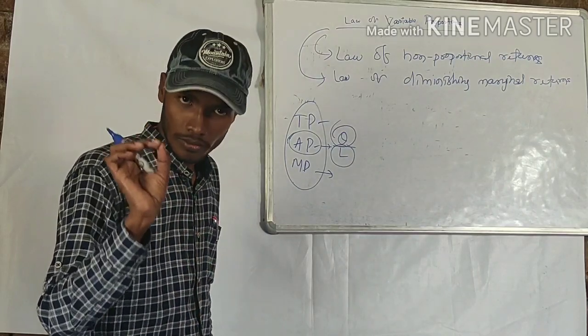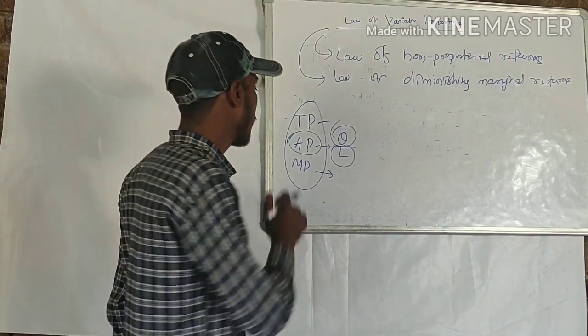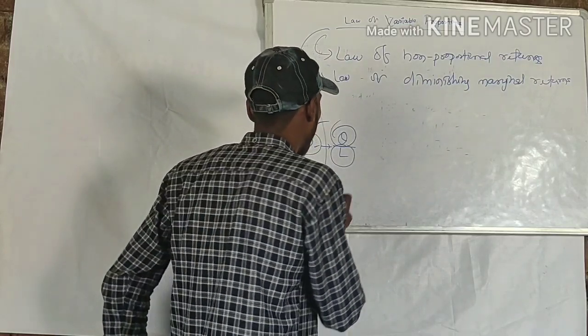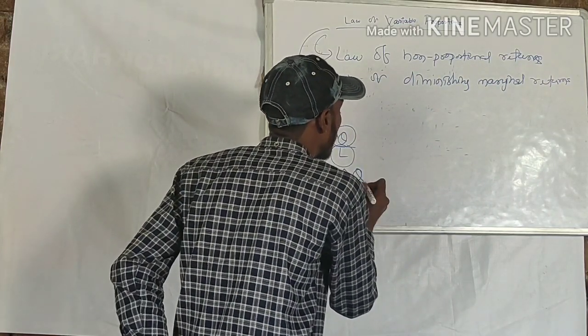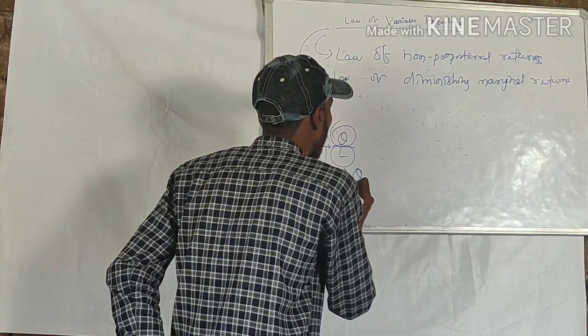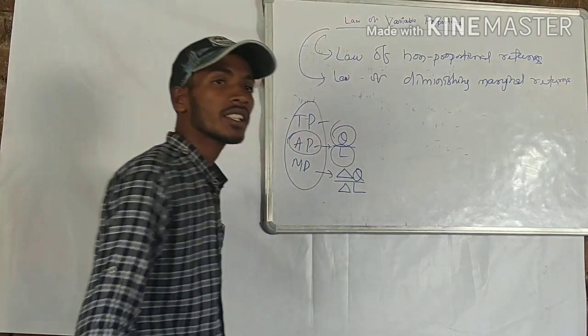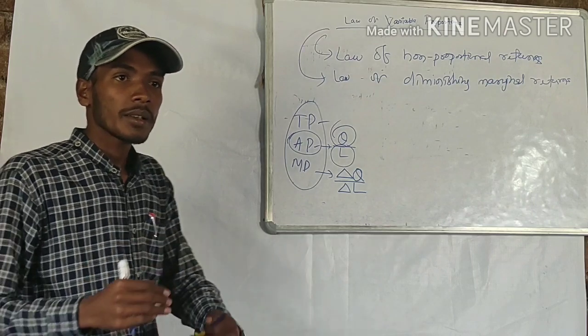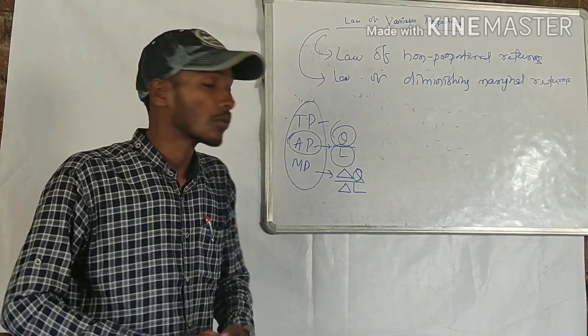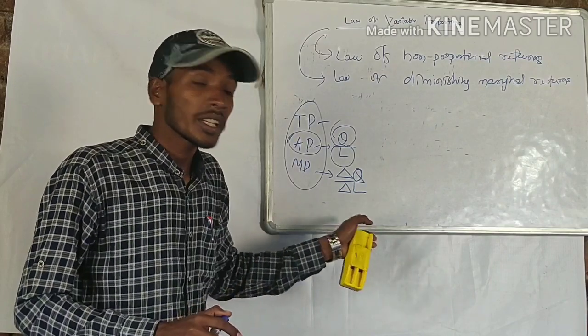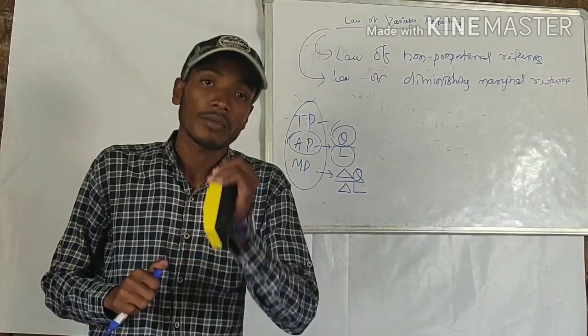What do we mean by marginal product? This is the change in the total output with respect to the change in the inputs. That means marginal product is the change in the output with respect to the change in labor.